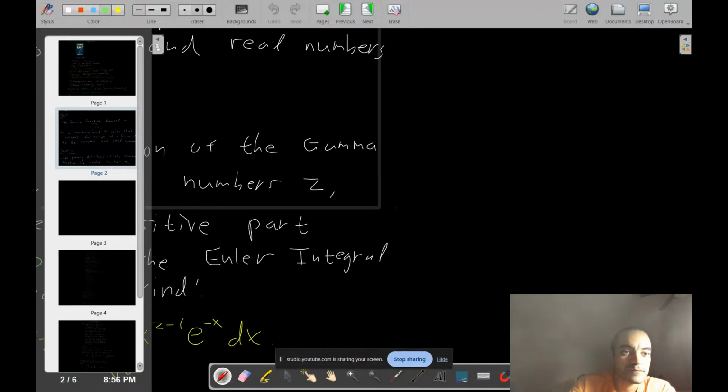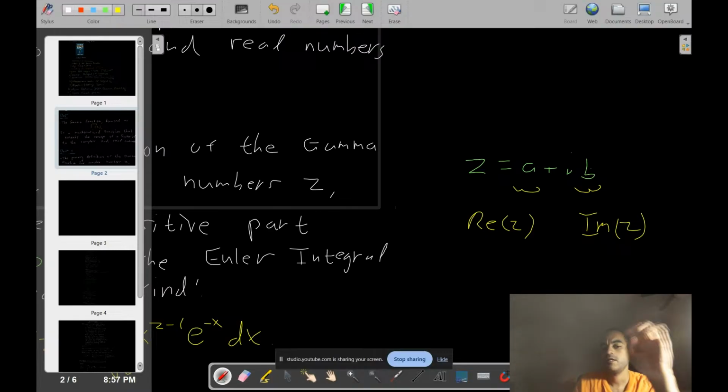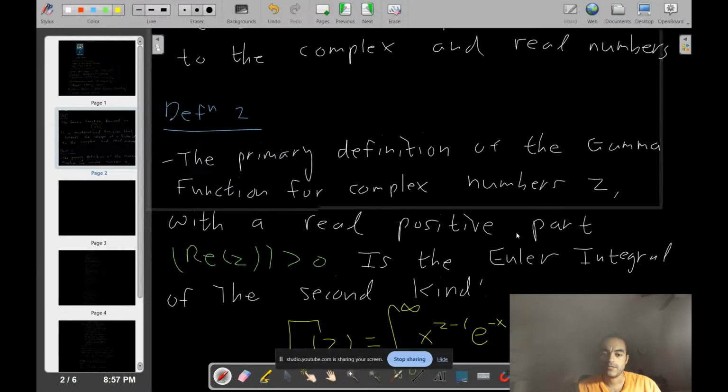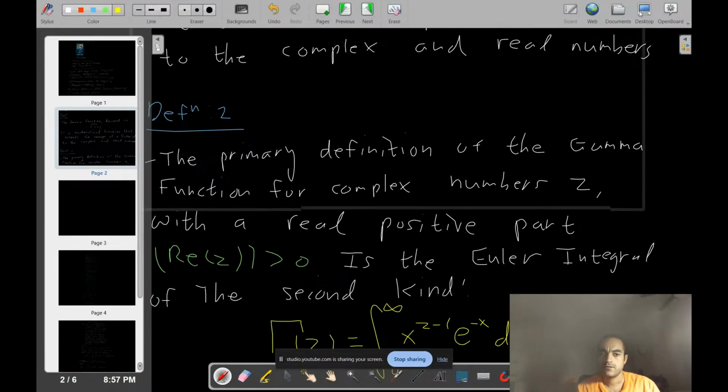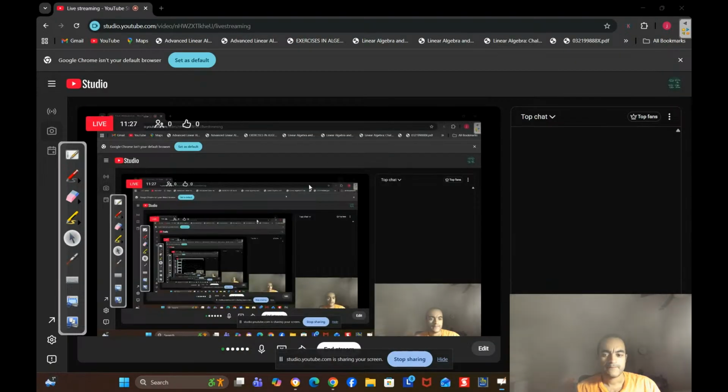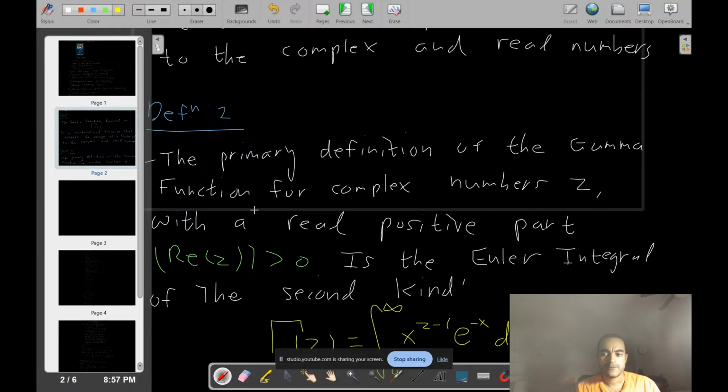So z equals a plus ib, where a is the real part, Re of z, and b is the imaginary part, Im of z. If that makes sense, are there any questions on that?